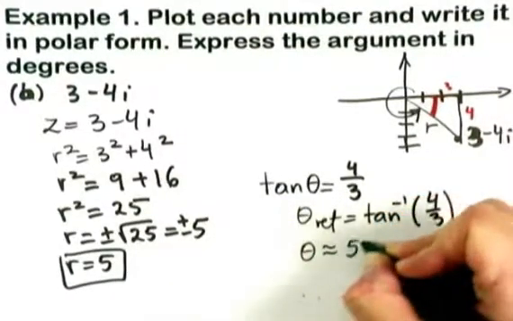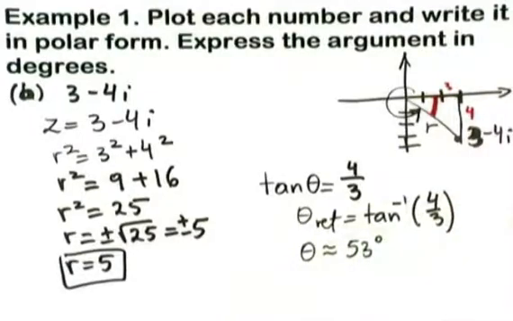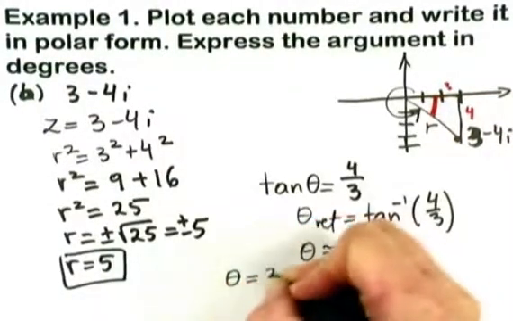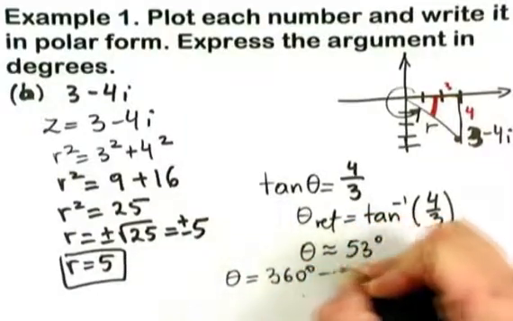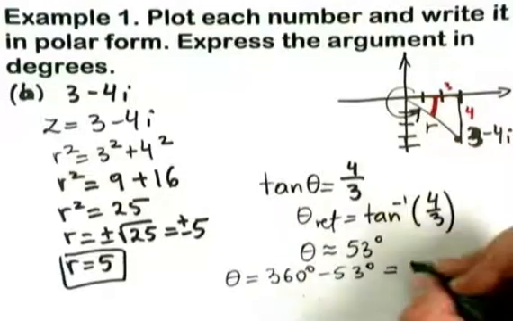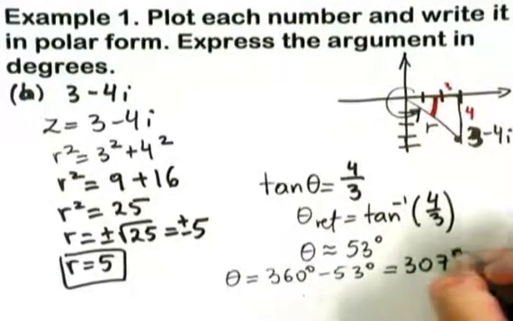It's approximately 53 degrees. So if this red angle on my diagram is 53, what is that angle? We know that the whole rotation is 360, minus 53 is gonna be my angle. Theta is equal to 360 degrees minus 53 degrees, and that gives me 307 degrees.